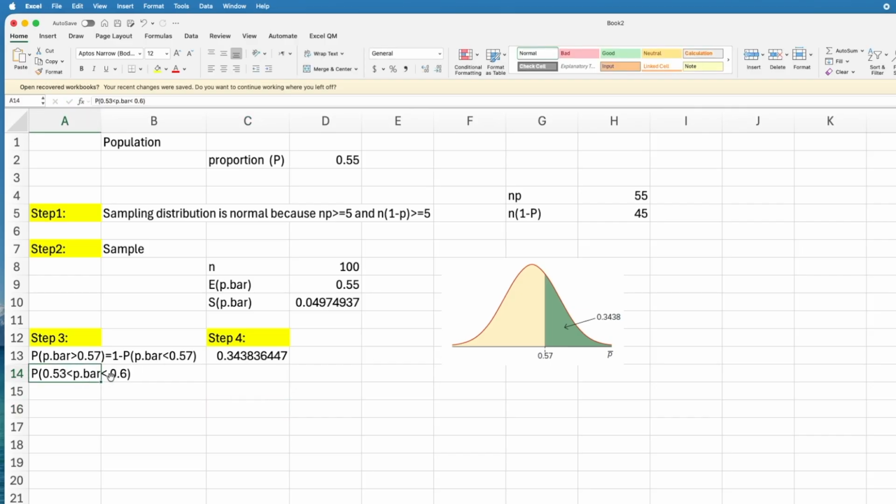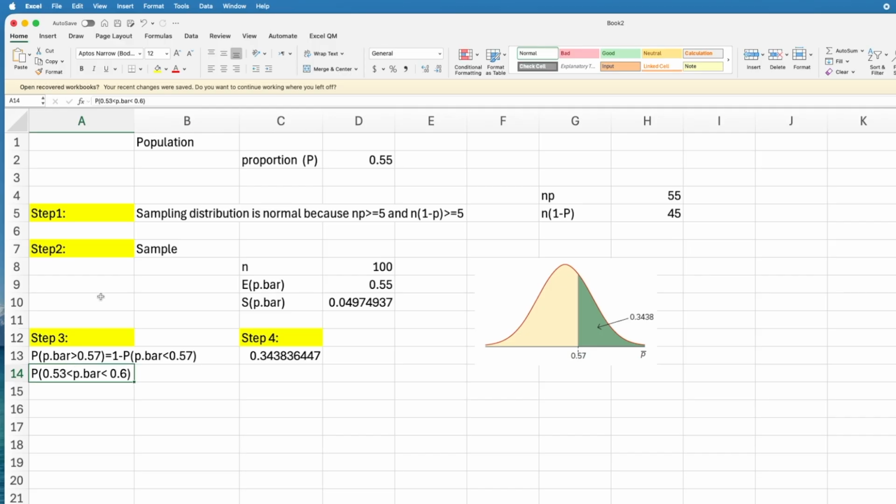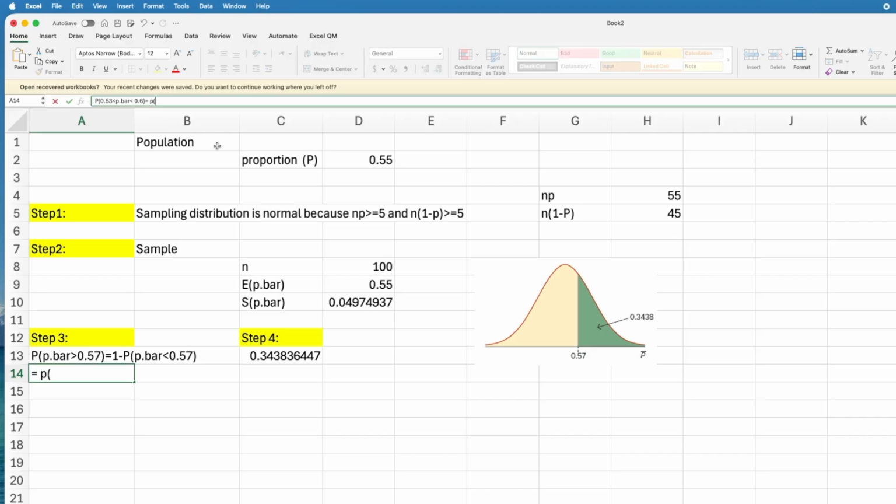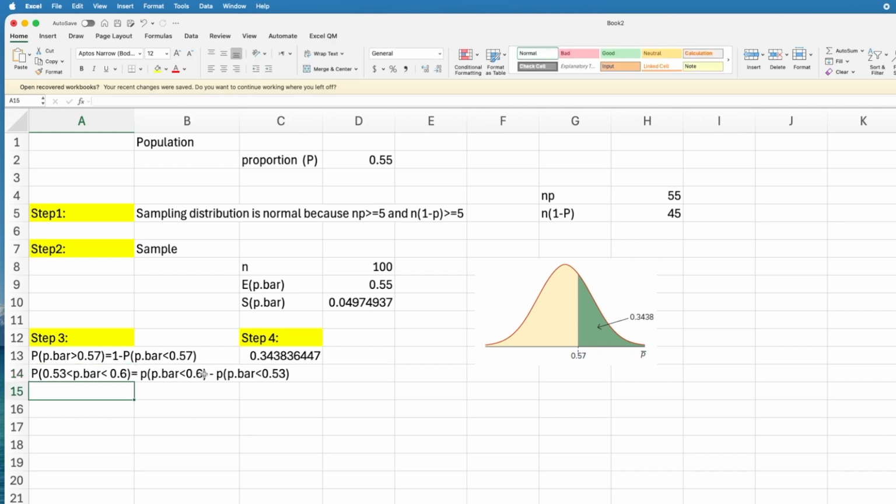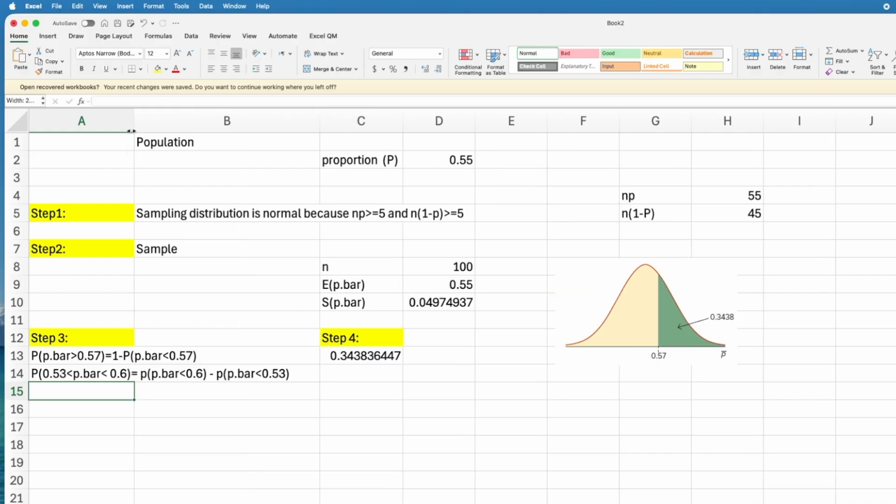So again, we are looking at the between-area probability. We need to rewrite this as the probability of the larger area, p-bar less than 0.6, minus the probability of p-bar less than 0.53. So the larger probability minus the smaller probability gives us the between probability.